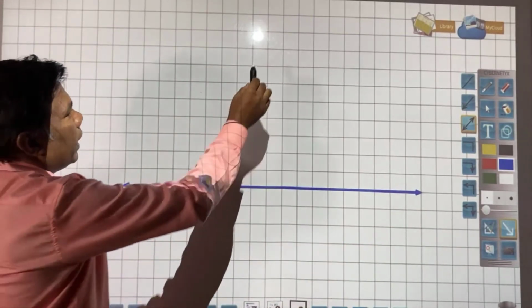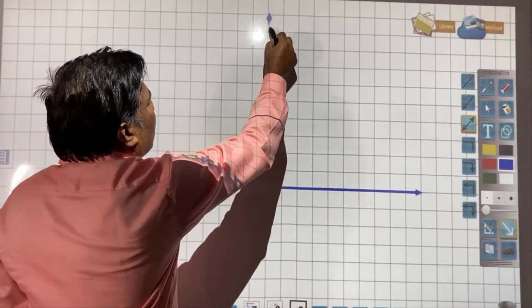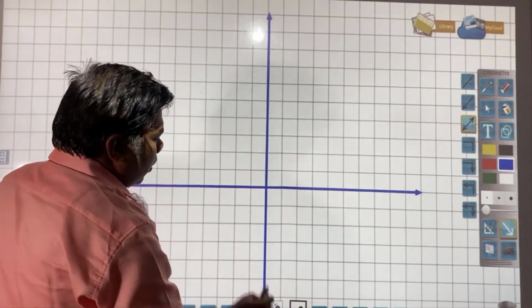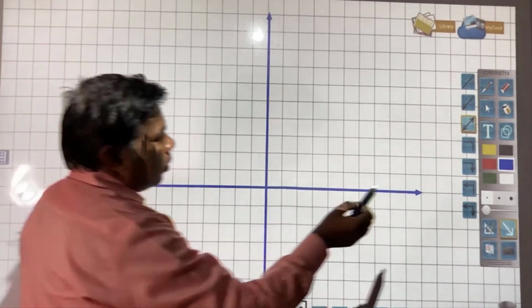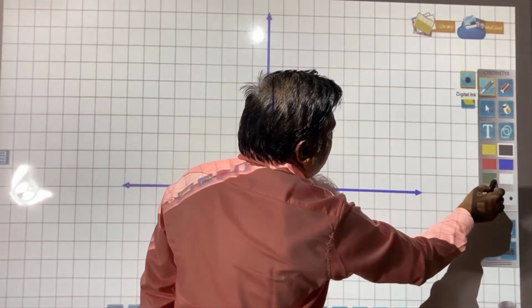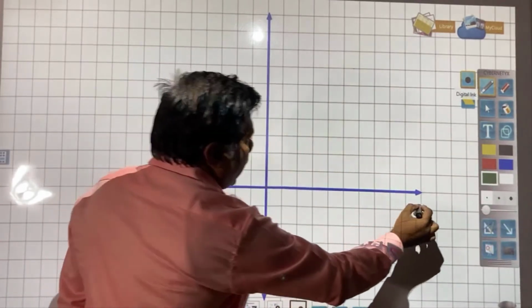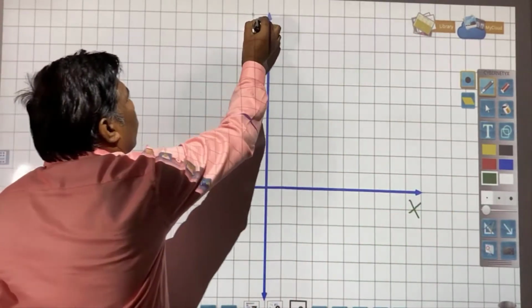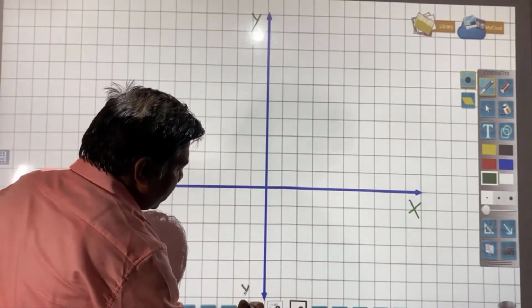And vertical line as well. Suppose in this way this has been drawn. Now this is your x-axis, x dash, y and y dash.